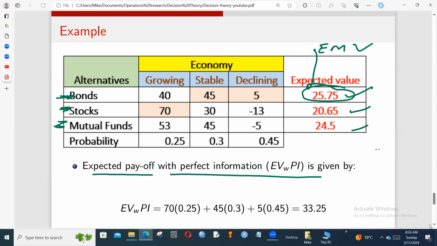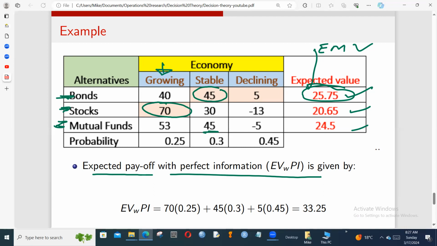With perfect information, when the economy is growing, one will go for the maximum here, 70. You go for the decision alternative that fetches the highest during that season. When the economy is stable, you'll go for this one, or even this lower one.